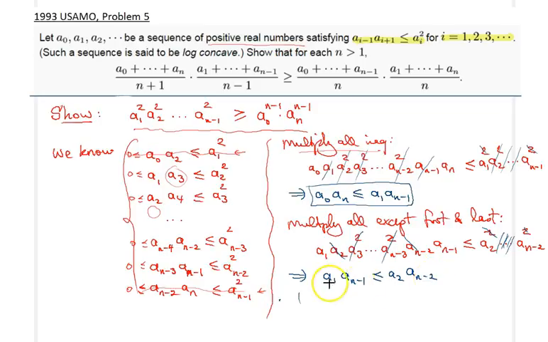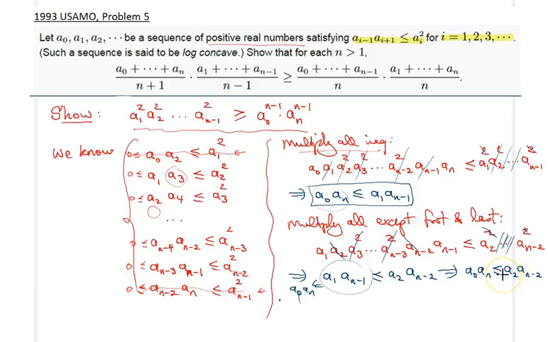But notice that a sub 1 times a sub n minus 1 is greater than or equal to a sub 0 a sub n.